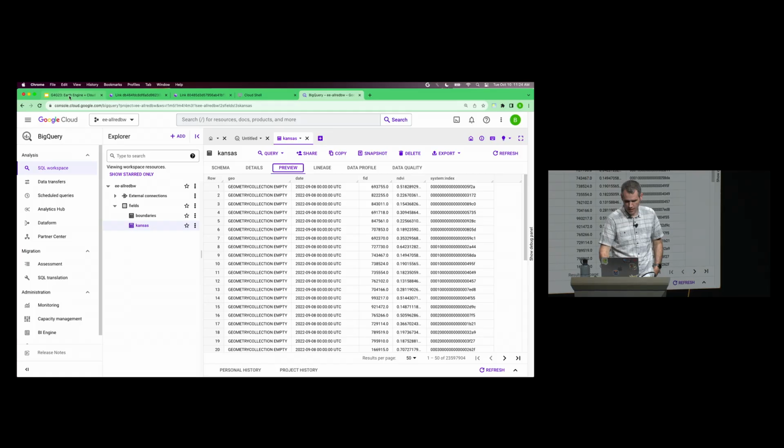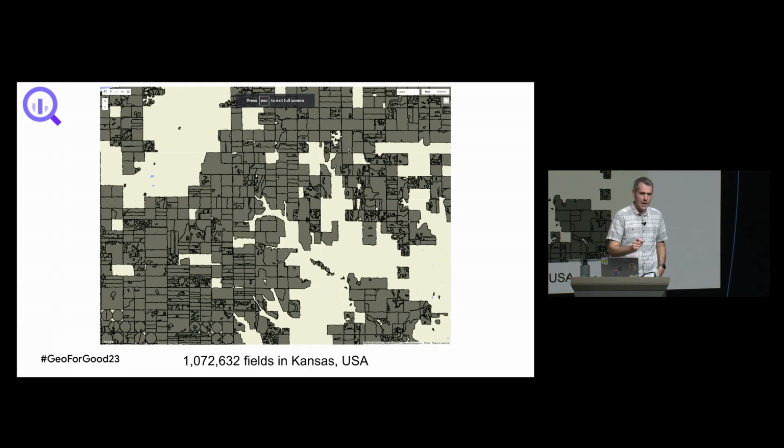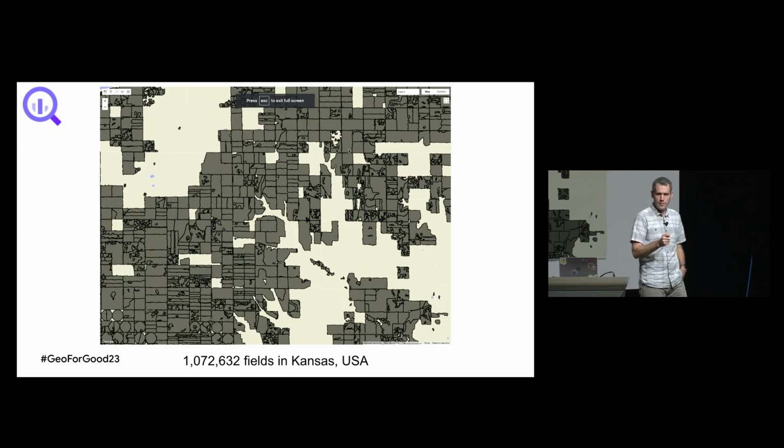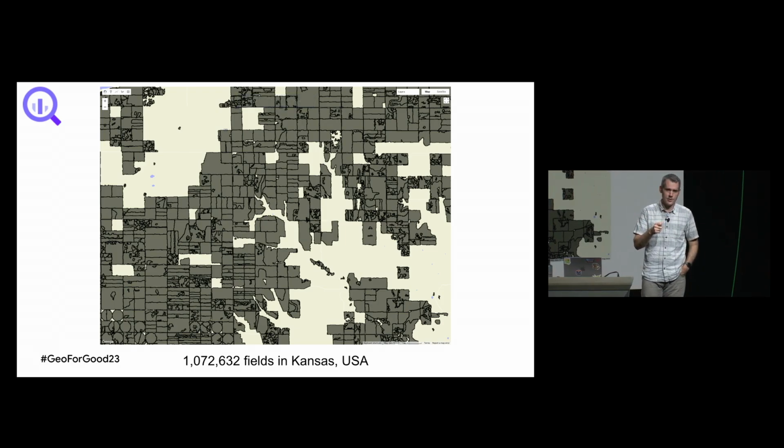So that's exactly what we did here. If this is of interest to you, I believe tomorrow there is a session on getting data into and out of Earth Engine that's going to go into greater detail on exporting data out of Earth Engine into BigQuery.